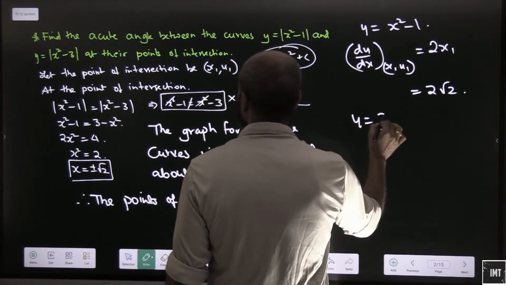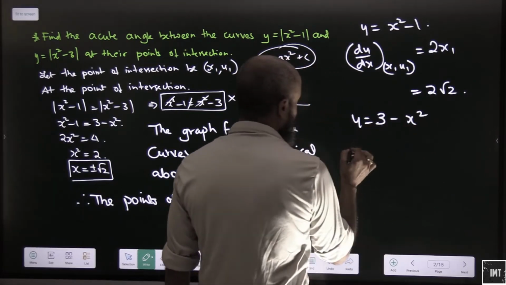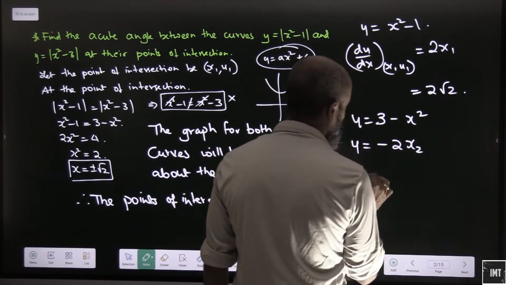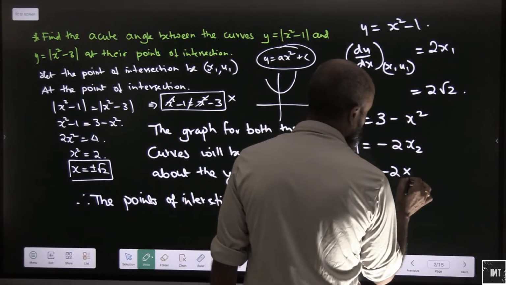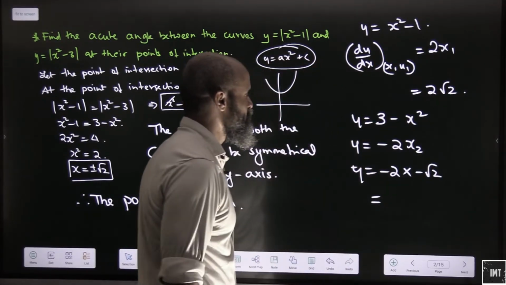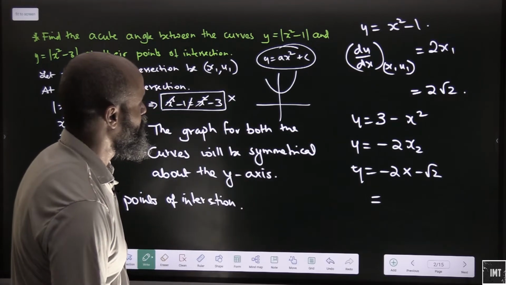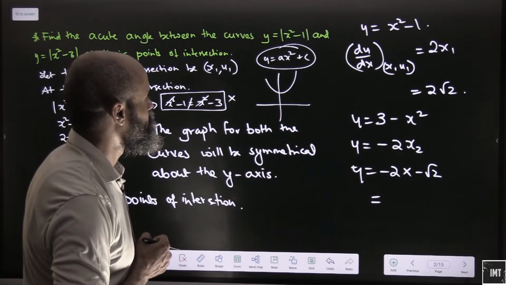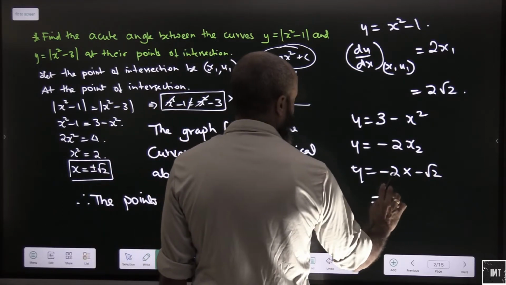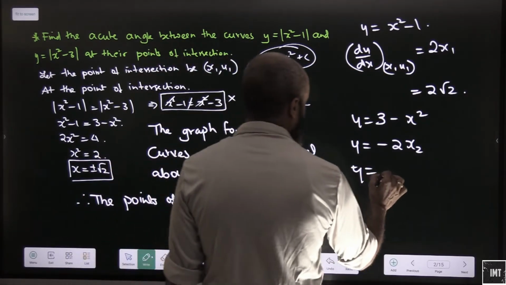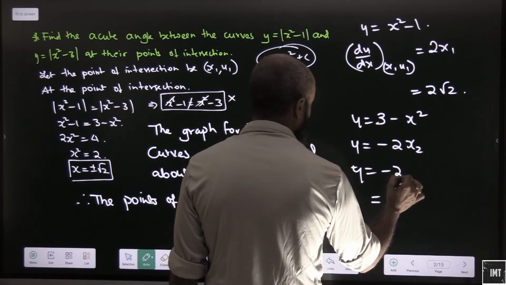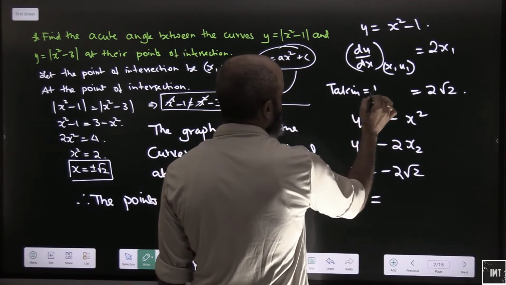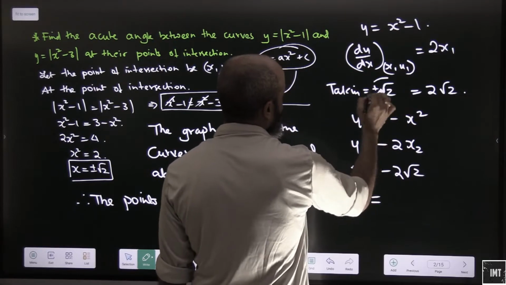And for y is equal to 3 minus x square, this will be minus 2x, so that will be minus 2 into under root 2, that is minus 2 under root 2. Taking x is equal to plus under root 2, we get these values.